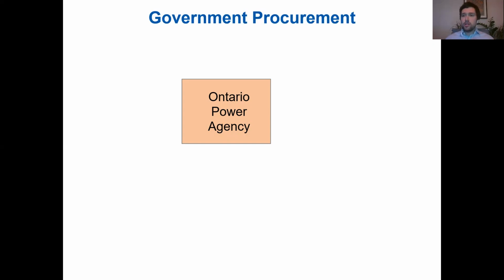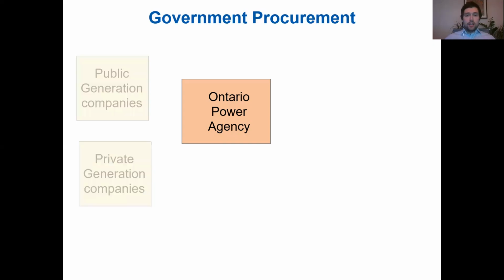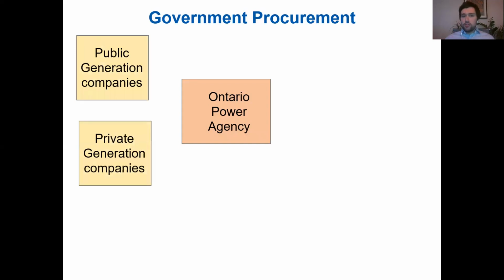They can be state-owned, they can be privately owned, and those public generation companies or private generation companies will then, based on either purchase agreements or on any other forms, depending on the national domain and how it is all regulated domestically, pass over all the energy they generated to this Ontario Power Agency, which creates a huge pool of energy generated and then sends it down to the consumers.